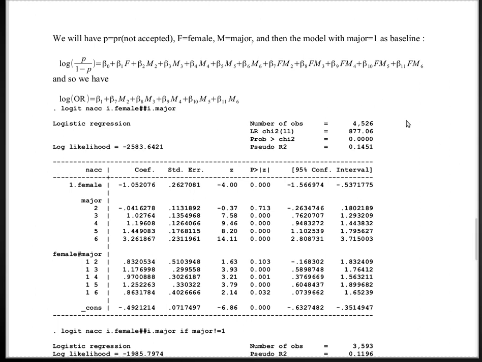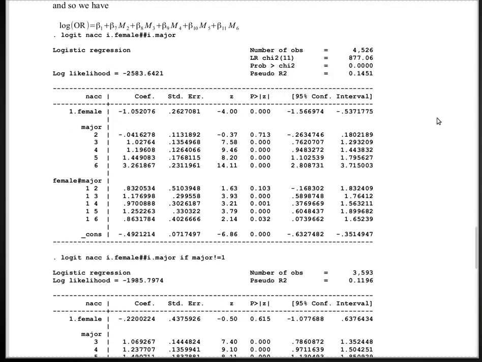And in which case, now the regression coefficients we get are comparisons on the log odds scale for one major relative to major number one. Okay, so one of the majors 2 to 6 when compared with major 1. And what we get then is very definitely indications that would be worthy of our study.